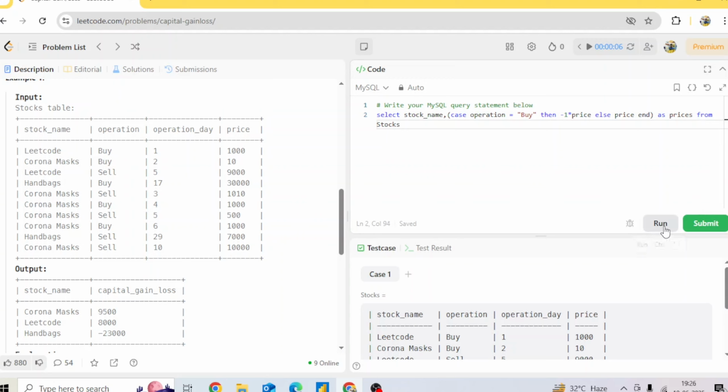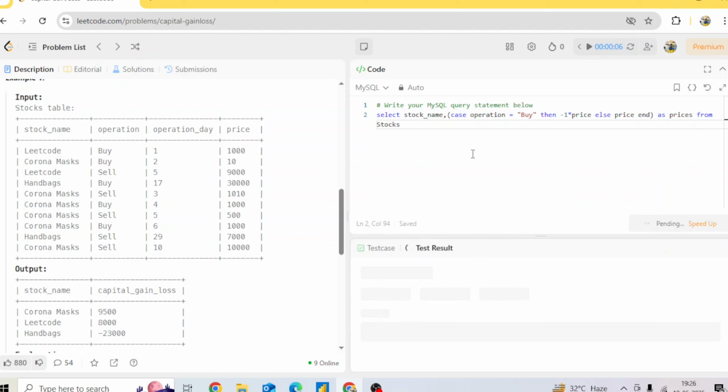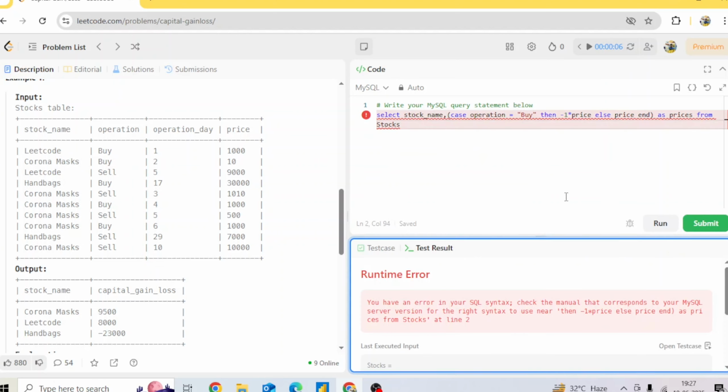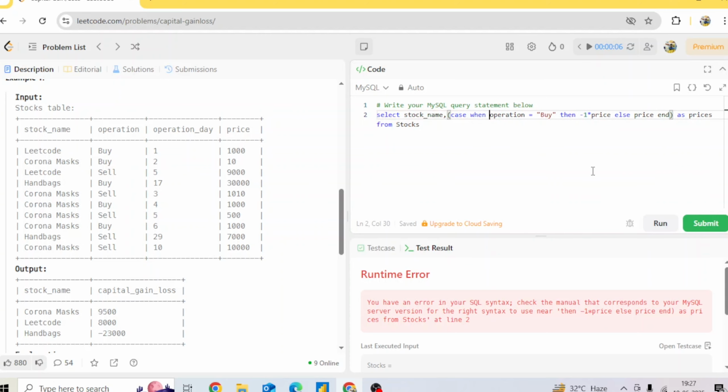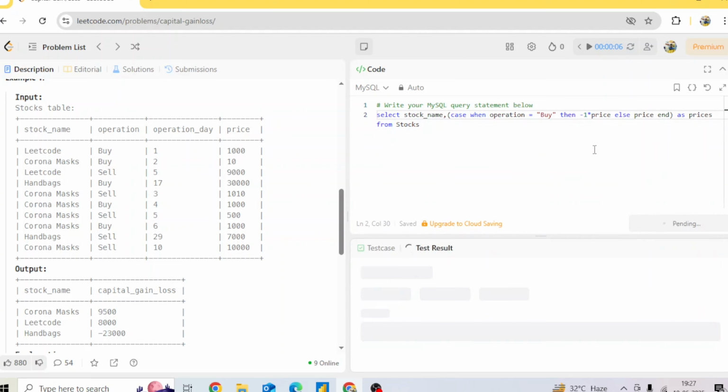So let us go ahead and do this. Select case when operation is buy, as prices, and stock_name.